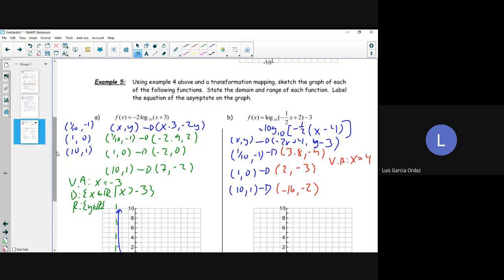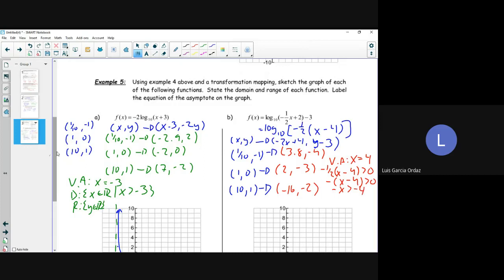For our domain, we have to take into account negative 1 over 2 times x minus 4 is greater than 0. So you cross multiply and get rid of the 2. You get negative x minus 4 is greater than 0. You factor out the negative, so you get negative x is greater than negative 4.